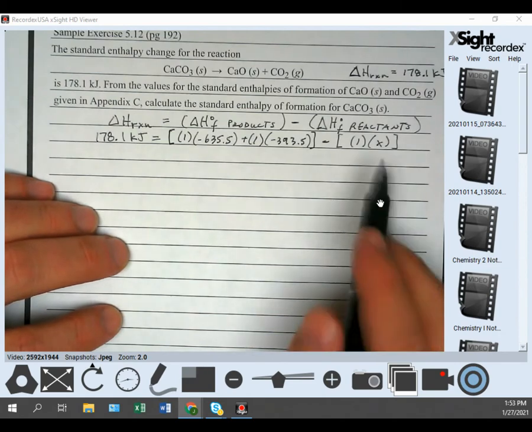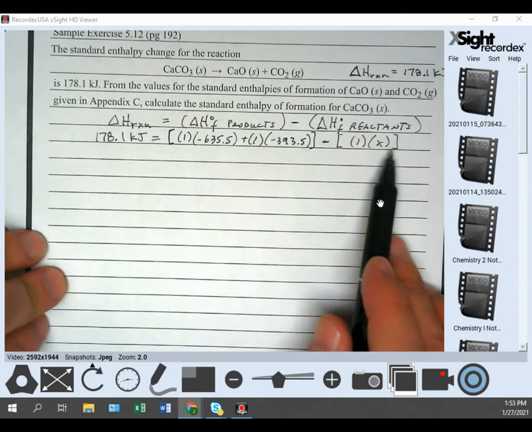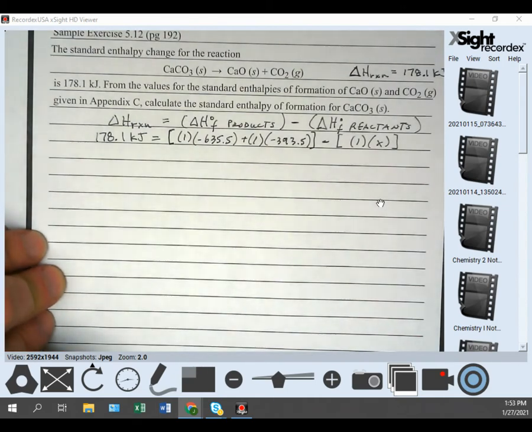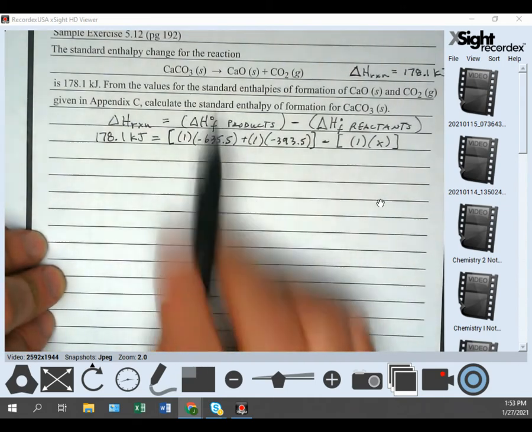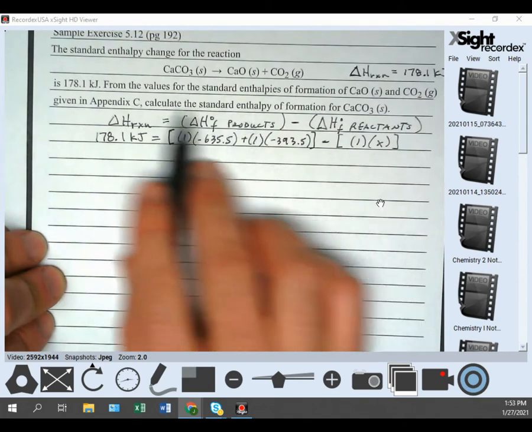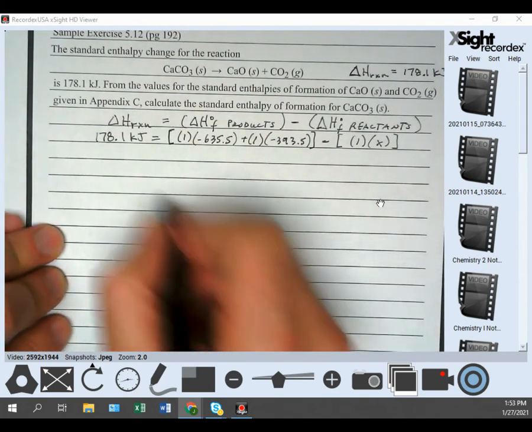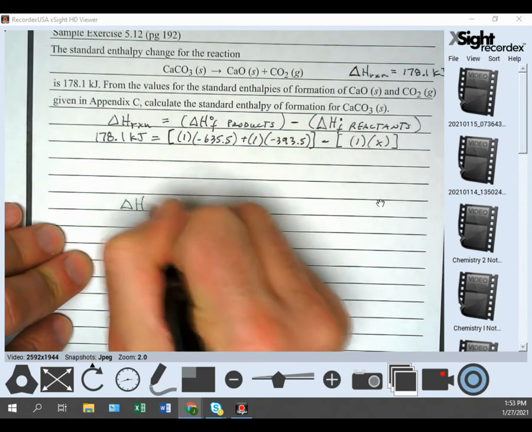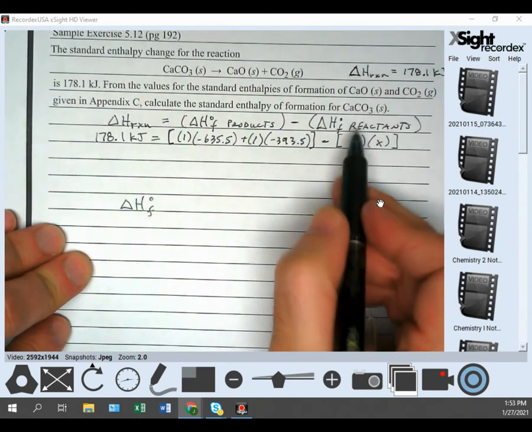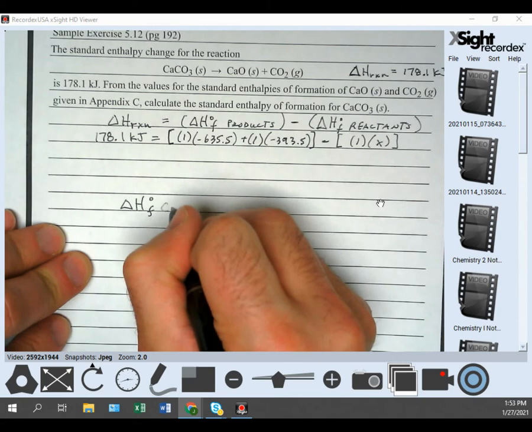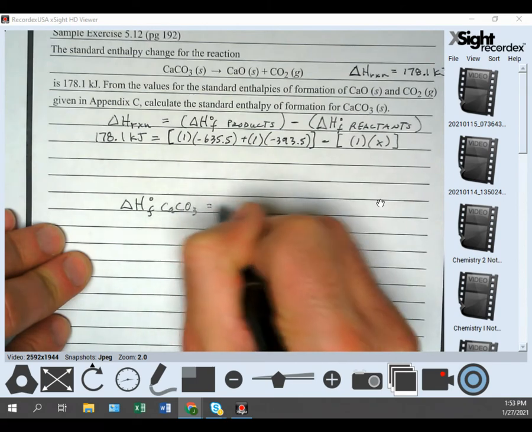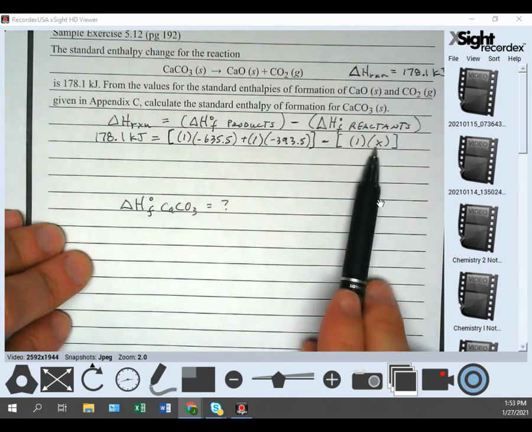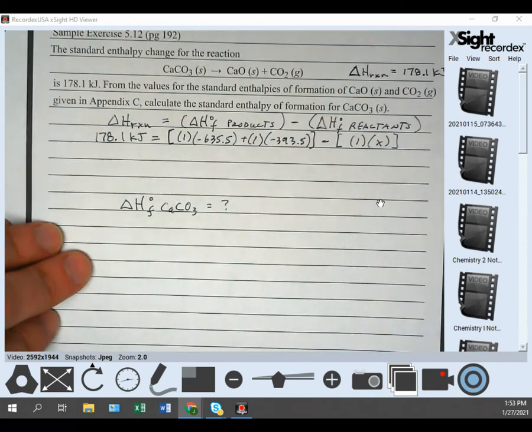All you're going to do is solve this equation for x. And that's your delta H of formation. What you're looking for is the delta H of formation of CaCO3.